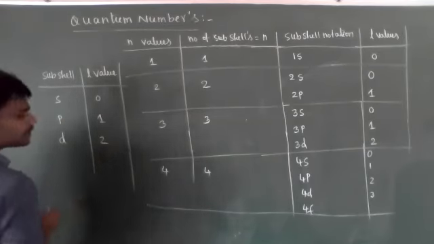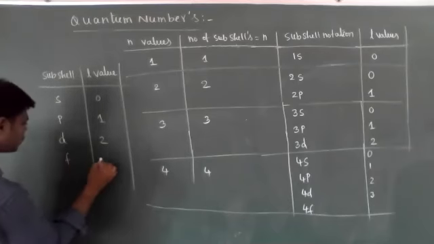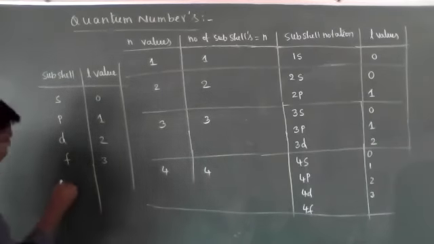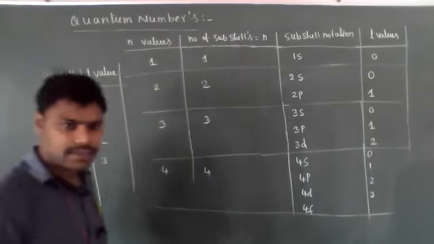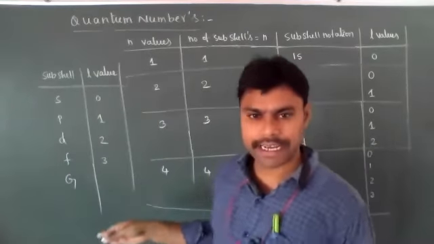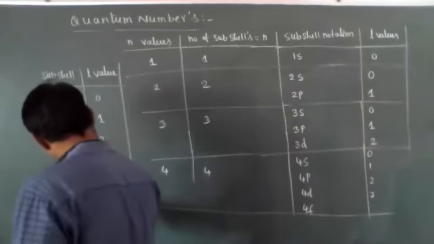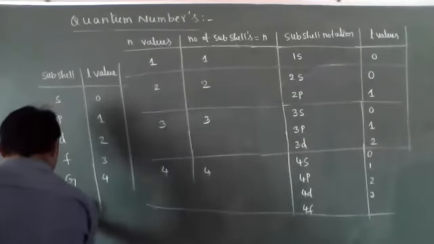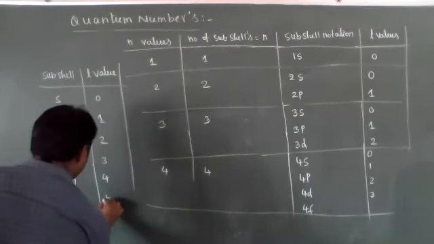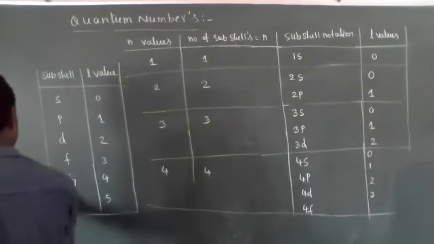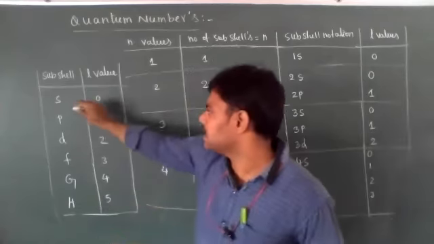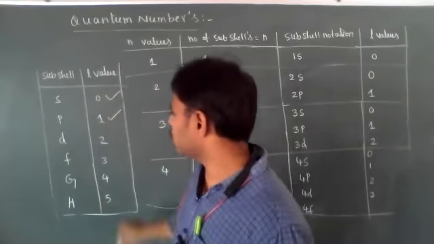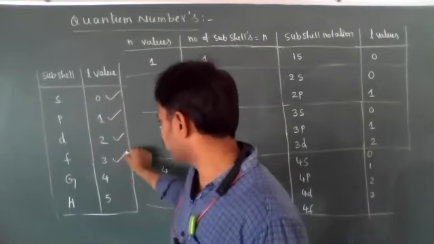D subcell, L is equal to 2. And F subcell, L is equal to 3. Okay, S, P, D, F, G. G orbitals are not there yet, I am just giving an idea. G subcell would have L equal to 4, then H subcell, L equal to 5. But mostly you have to remember S subcell L value is 0, P subcell L value is 1, D subcell L value is 2, F subcell L value is 3.